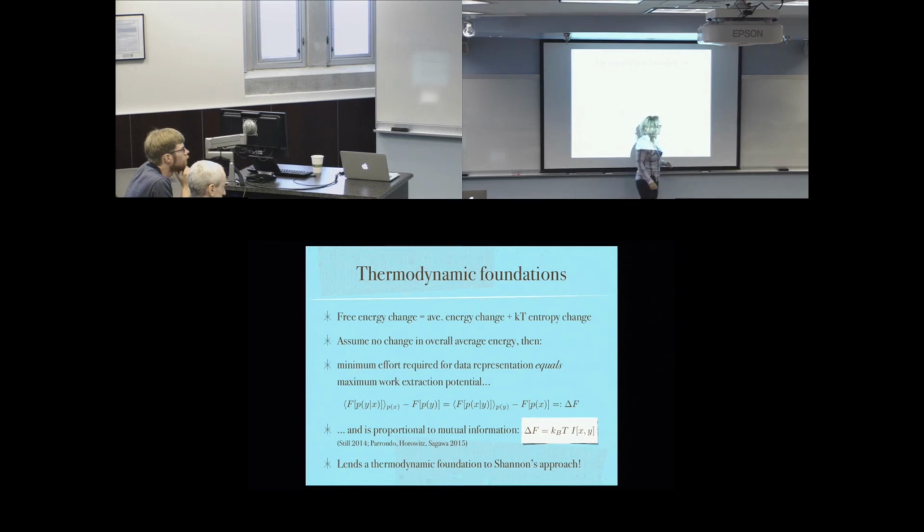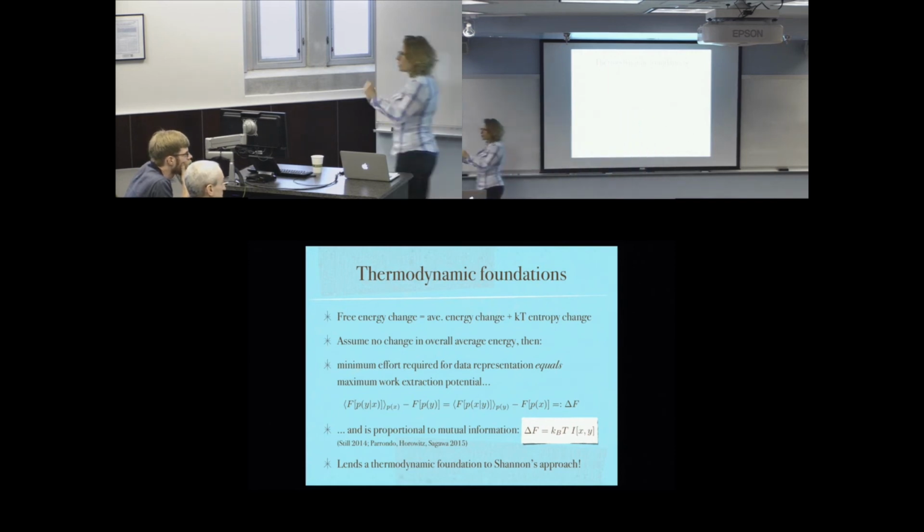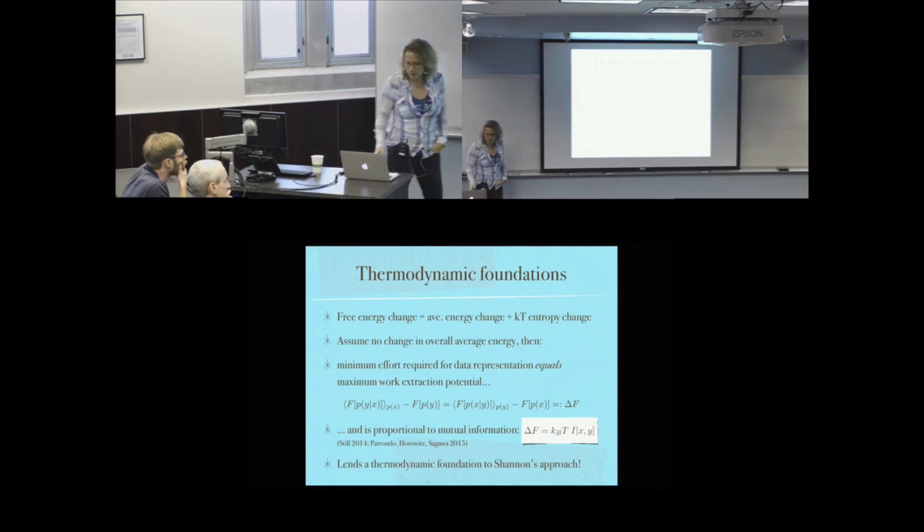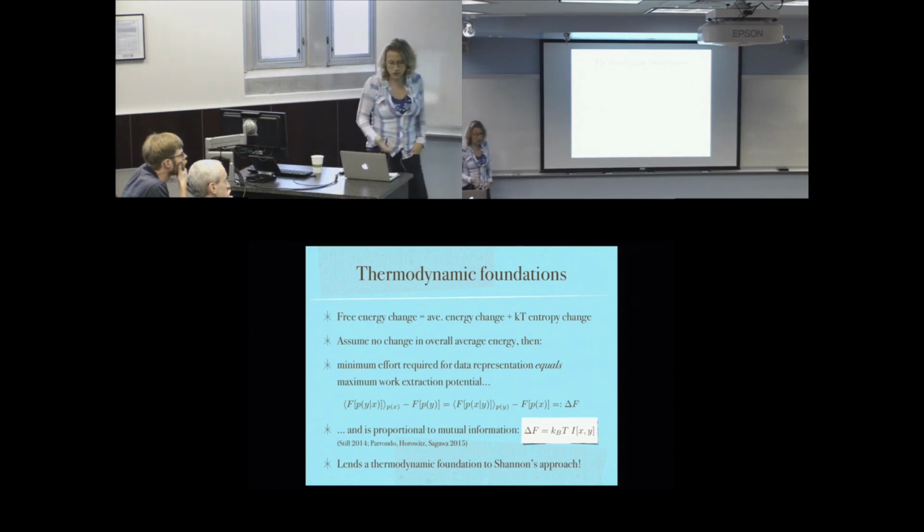Let's just call it delta F because it's the same thing. And that's directly proportional to the mutual information. So mutual information is related to change in free energy, which in turn has to do with work, right? The work I have to put in to correlate these things, the work I can pull out using these correlations. And this really lends a thermodynamic foundation to Shannon's approach.